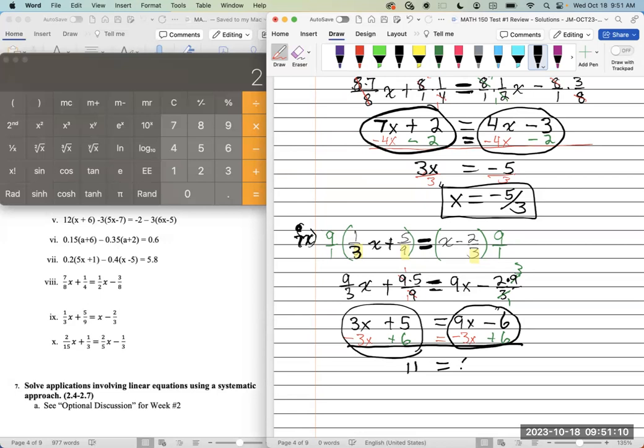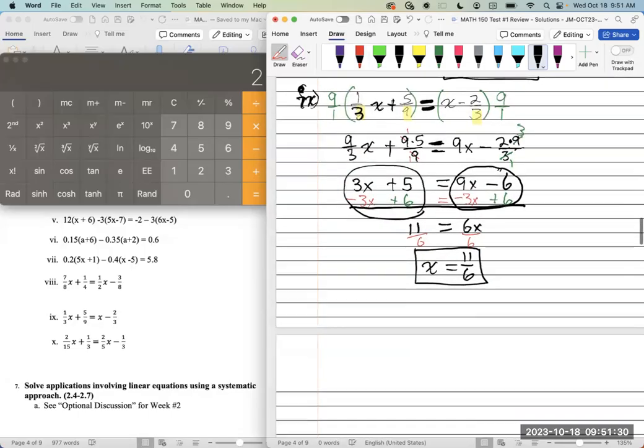This side simplifies to be 6x. Now the only number blocking my goal is 6. So I'm now left with x is the same thing as 11/6.